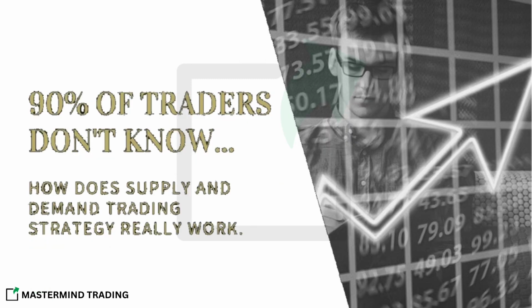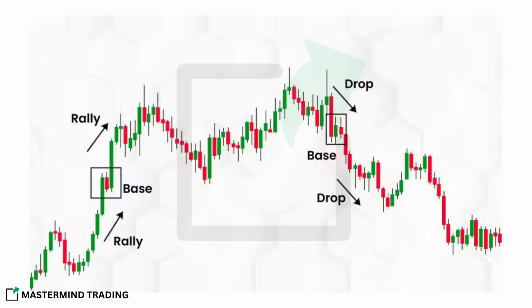Unlike most traders who like to look at the four structures that identify levels of supply and demand, I personally only look at two supply and demand structures, which are rally-based rally and drop-based drop.